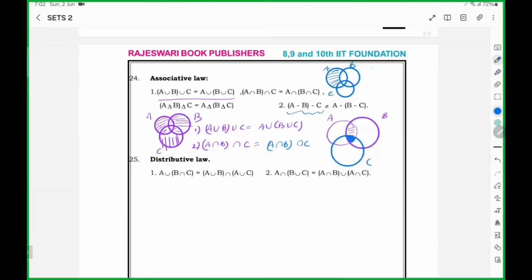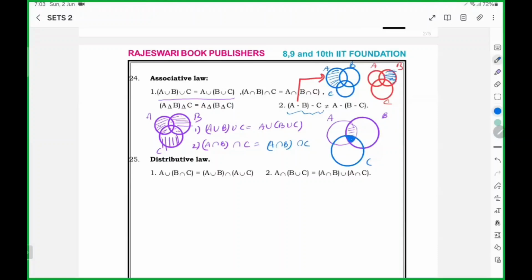Well, if I take some other three circles, so this part here is A minus B minus C. Say this is A, B, C. B minus C means first this part, right?